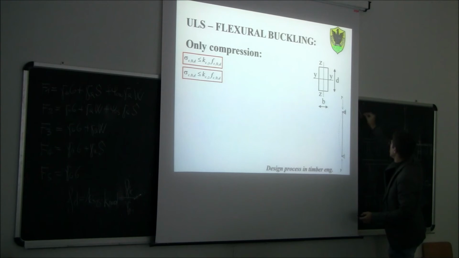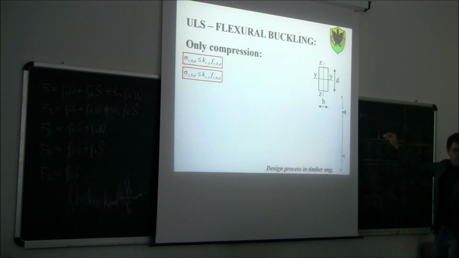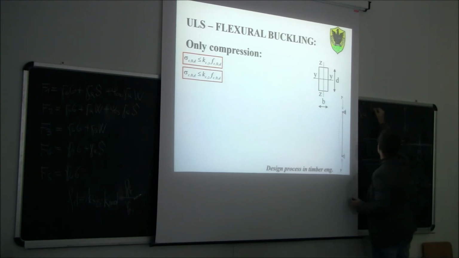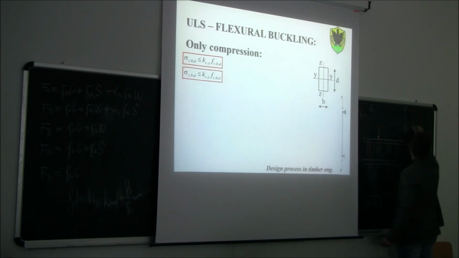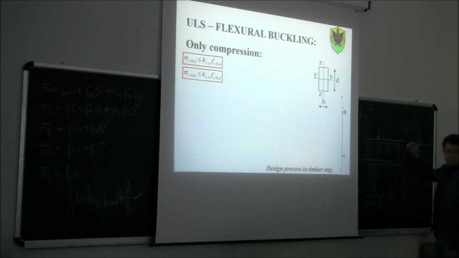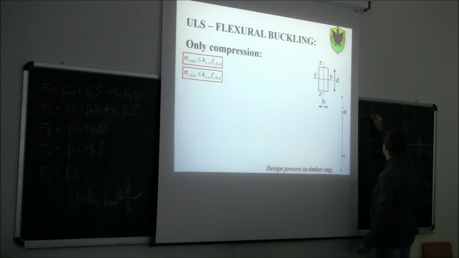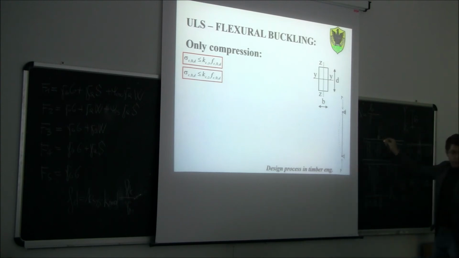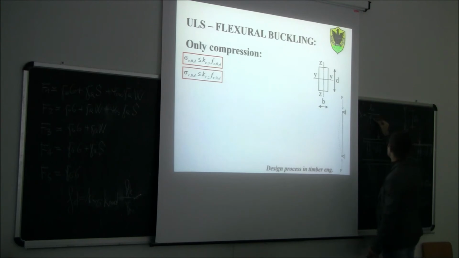It is usually denoted with lambda. It is the ratio between the length divided by the radius of gyration, raggio di inerzia, rho, which is the square root of the second moment of area divided by A, the cross-sectional area.